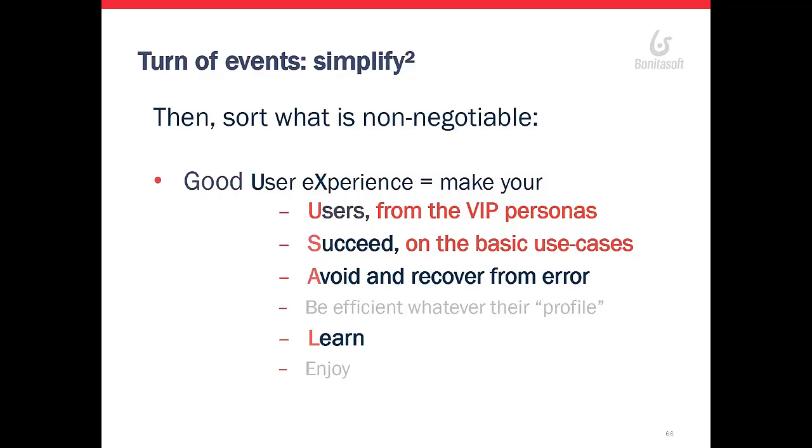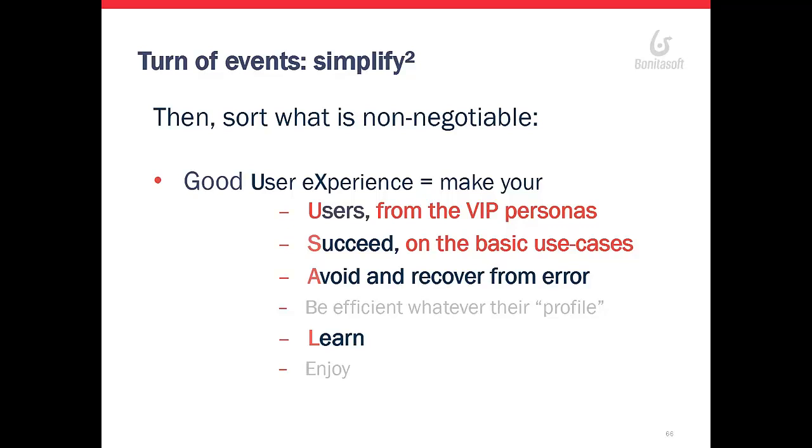So you really need to focus and know what the personas are. Success is still very important, but maybe you can focus on just basic use cases on the feature you're creating. Avoidance and recovery from errors is non-negotiable. Learning how to use the feature is non-negotiable.